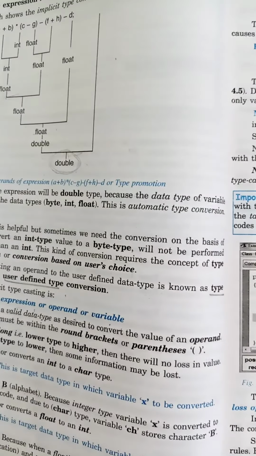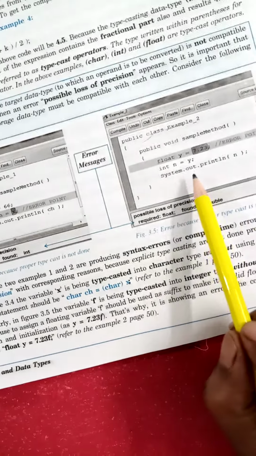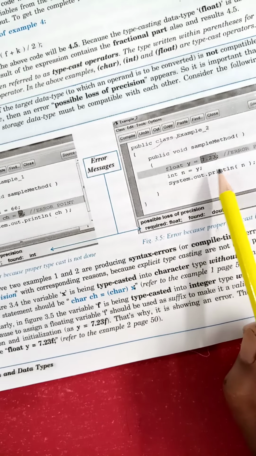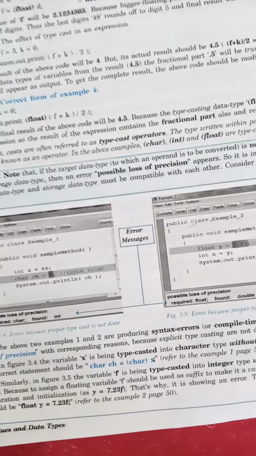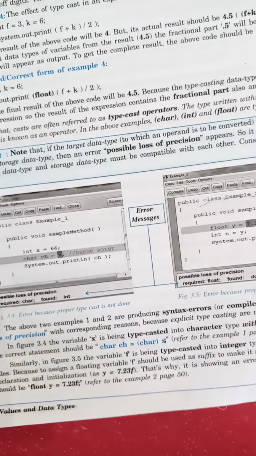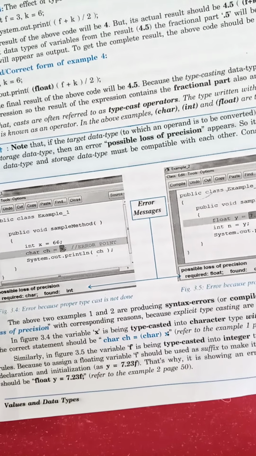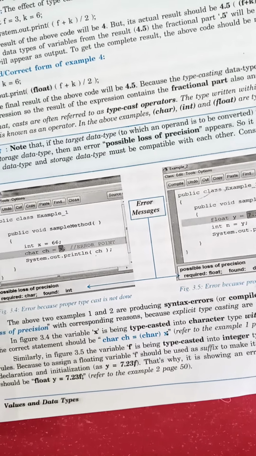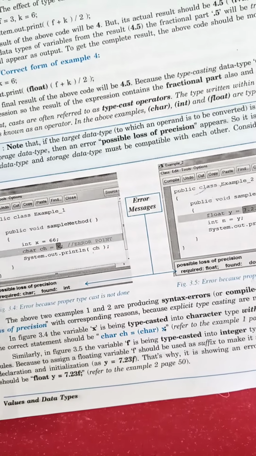So this is type conversion. One more example I would like to discuss: you can't store a double value within a float. If you try to store the multiplication result of two double numbers within a float variable, there will be an error.